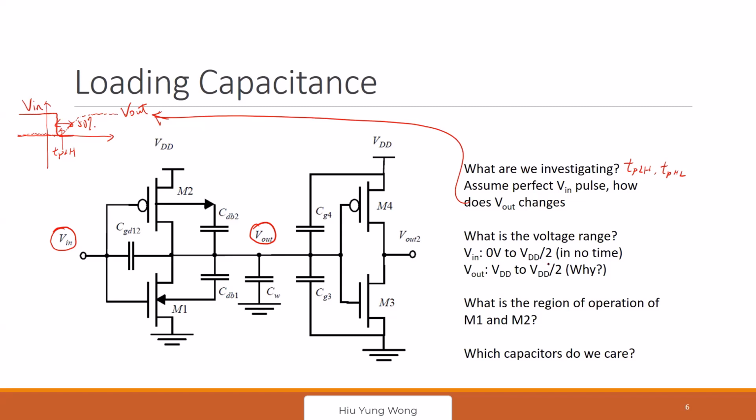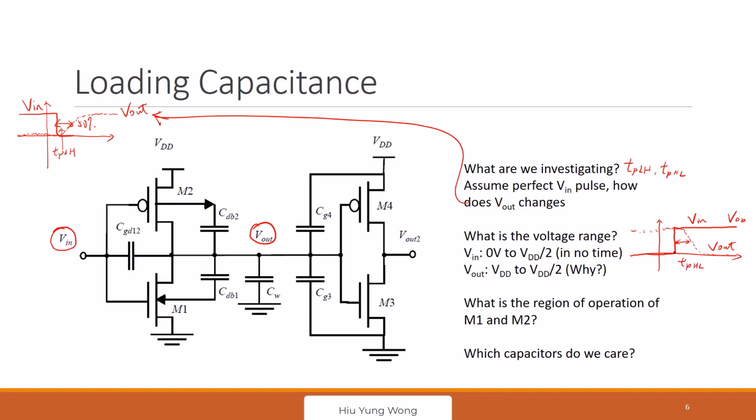This is another scenario. What I'm drawing is actually the opposite scenario, right? Go from 0 to VDD. This is VDD divided by 2. And then the output is going to have a delay, right? This is Vin. Here, this is TPHL, right?